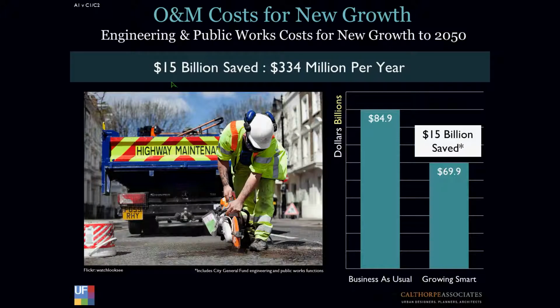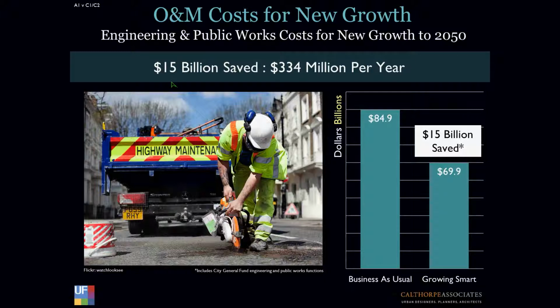And then the ongoing O&M costs, which are borne directly by cities and are quite literally bankrupting a few cities across the state of California, are also very significant. So that's $15 billion in additional savings. So you're looking at nearly $50 billion in savings for capital and O&M. Operations and maintenance. Yep, so that's the public works costs, effectively, associated with servicing and maintaining that infrastructure.